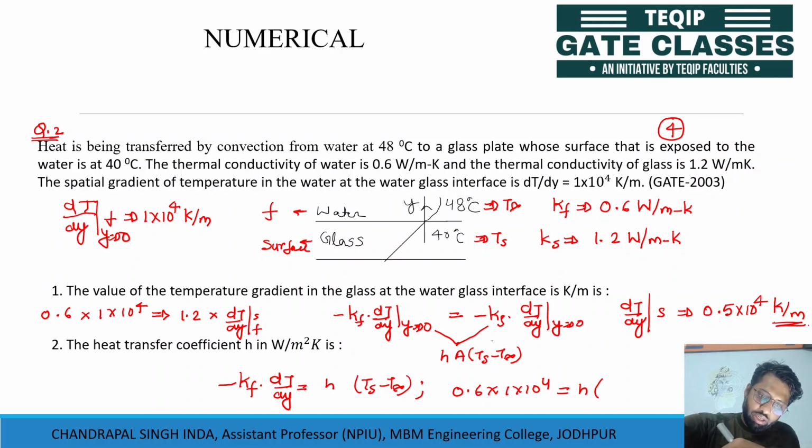So h and Ts minus T infinity, Ts is 40 and T infinity is 48. So from here we will have h equal to 750 watt per meter square Kelvin.